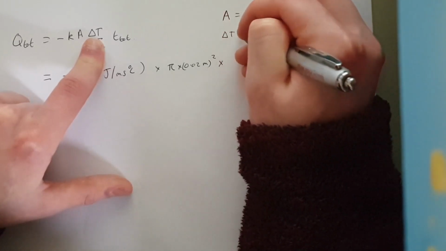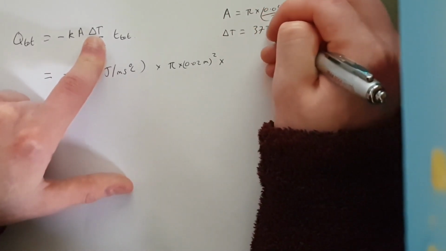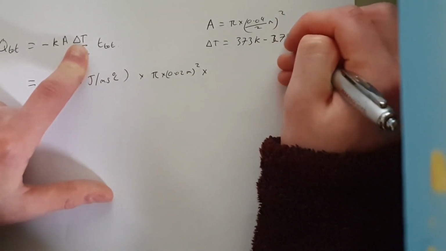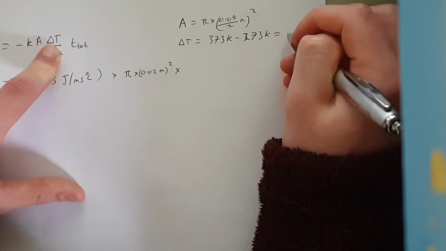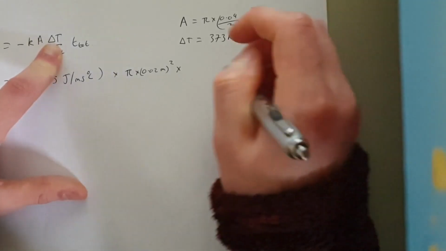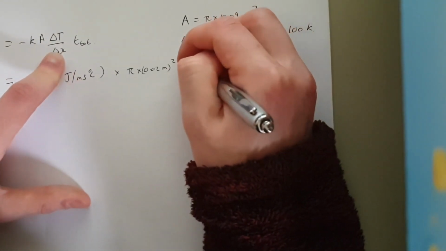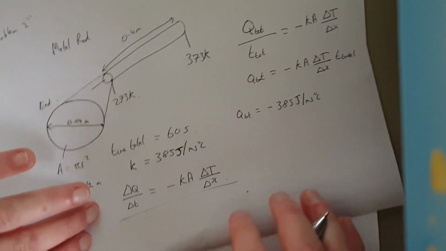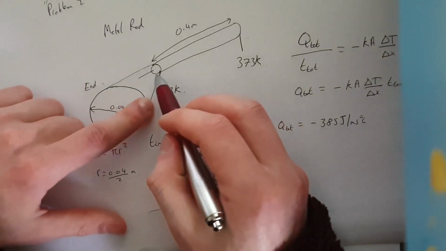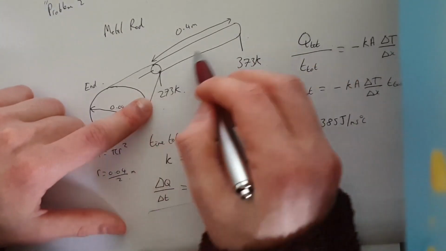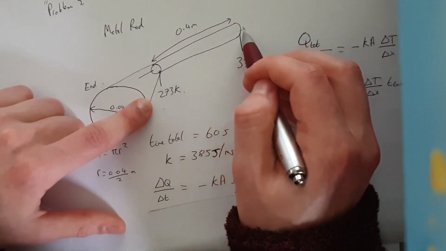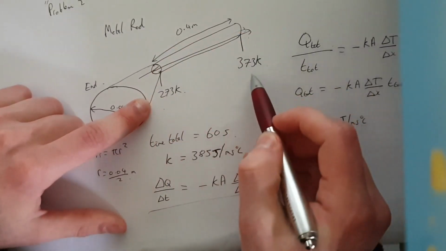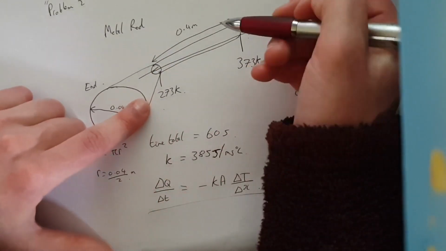Delta T is equal to 373 K minus 273 K, which is a lovely 100 K. And delta X is the length over which the heat is being conducted. We were told that it was being conducted over the entire length of the rod. It's actually going from the hot end to the cold end, so it's going this way.